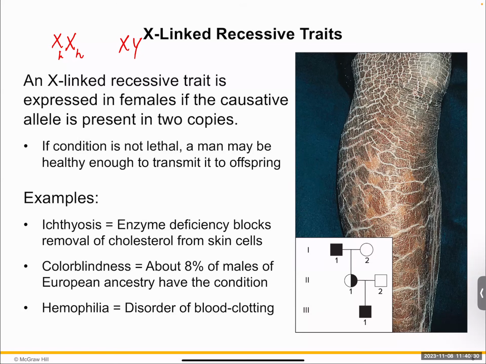A female has to have hemophilia on both of the X's to show hemophilia. But in the case of a male, you only need one recessive copy, and then you will see the symptoms develop because you don't have a second X chromosome to help partially mask the symptoms.